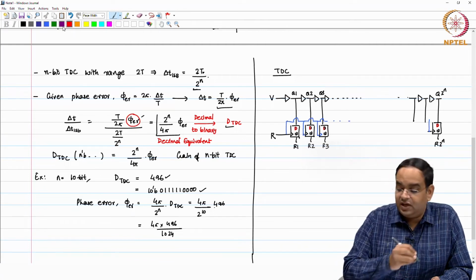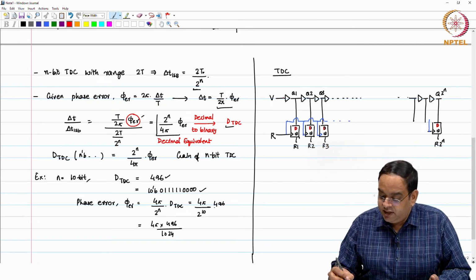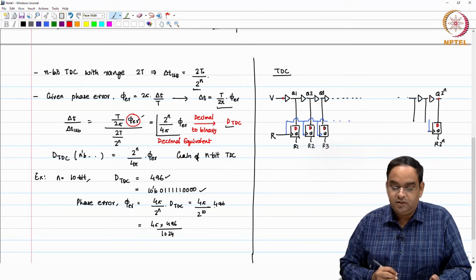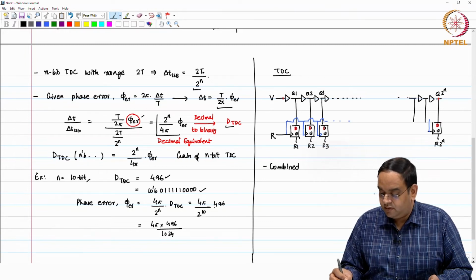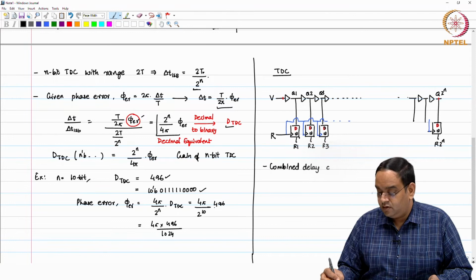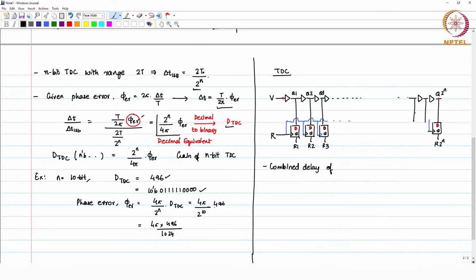Now, if I make sure that the combined delay of 2 power n delay cells is 2 reference periods, and this is made sure independently, then the delay of each cell is nothing but 2T divided by 2 power n, which acts like delta t LSB in our case.